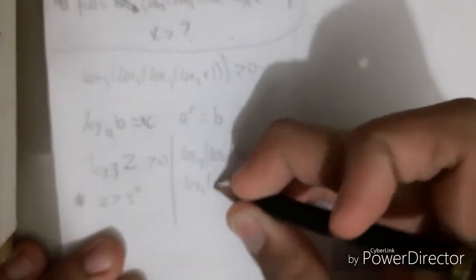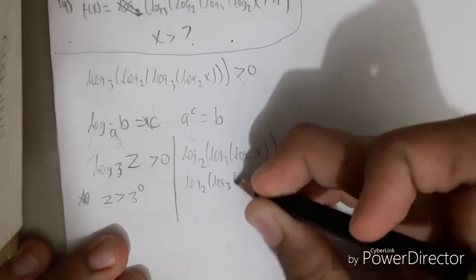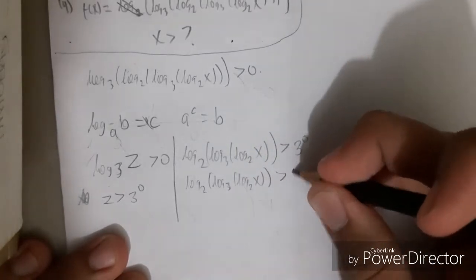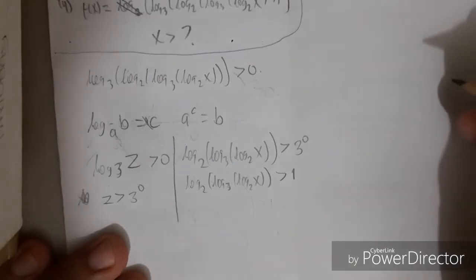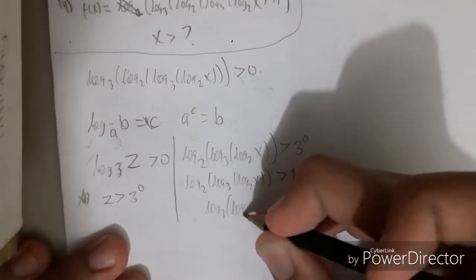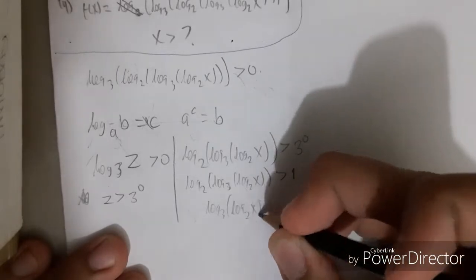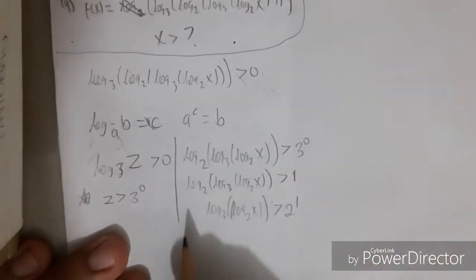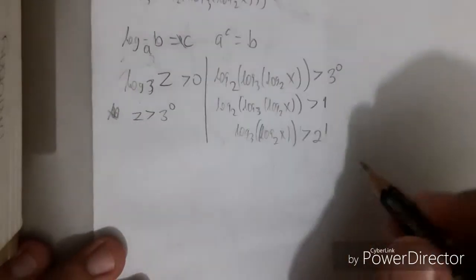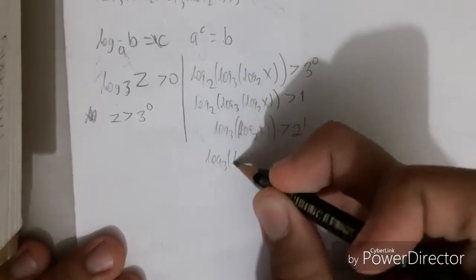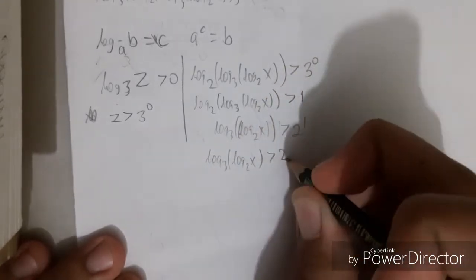So log 2 of logarithm 3 of logarithm 2x is greater than 1. And now we continue again. So log 3 of logarithm 2x is greater than 2 to the power of 1. See, the 2 is directly powered. And logarithm 3 of logarithm 2x is greater than 2.